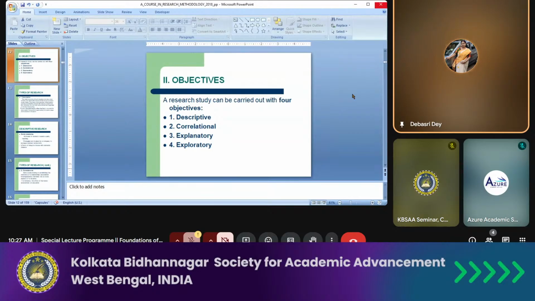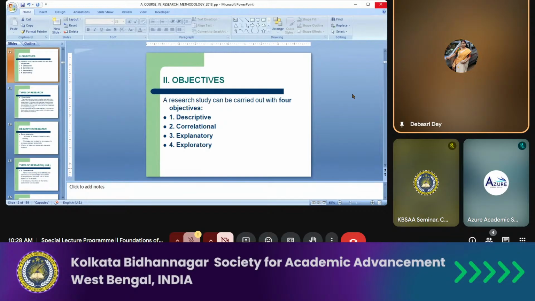A researcher can carry out the research study, adapt any of the research methodologies, or make hybridizations of those. There are four prominent research objectives we have to meet: one is descriptive, second is correlational, third is explanatory, and fourth is exploratory.